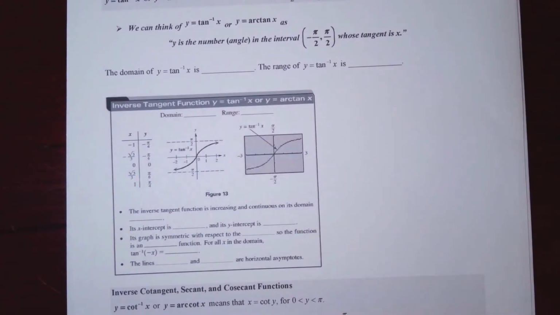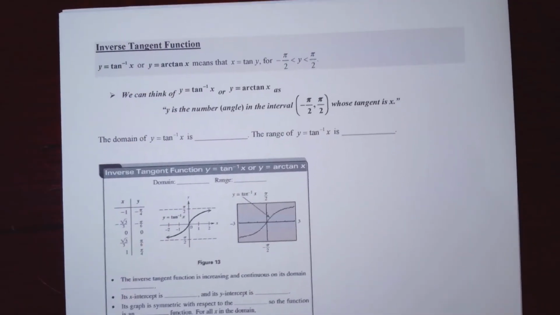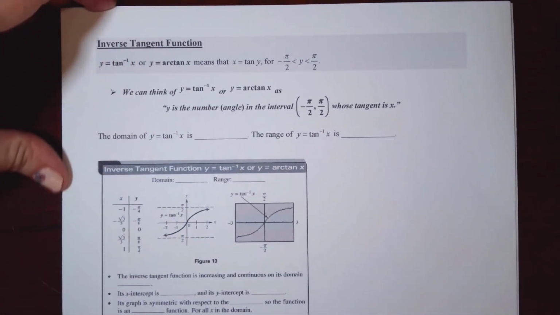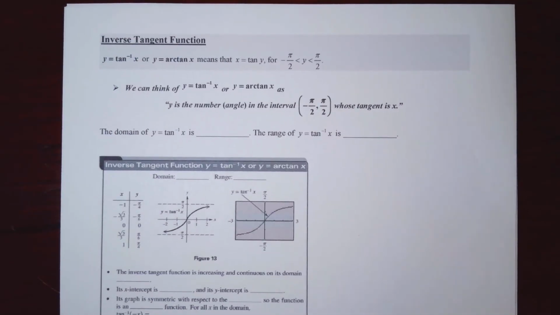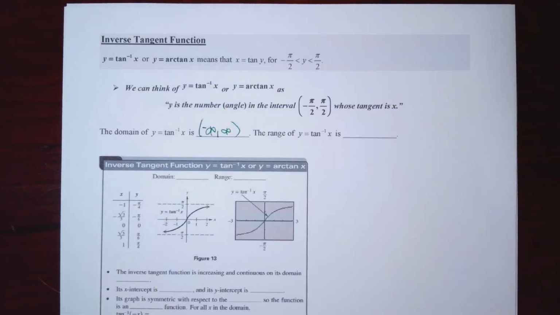Okay, let's look at this next page where we talk about inverse tangent. Now tangent, remember, my tangent function value could be anything. So that tangent function value being anything, that output, the range of tangent, becomes my input or my domain of tangent inverse. It can be all real numbers.